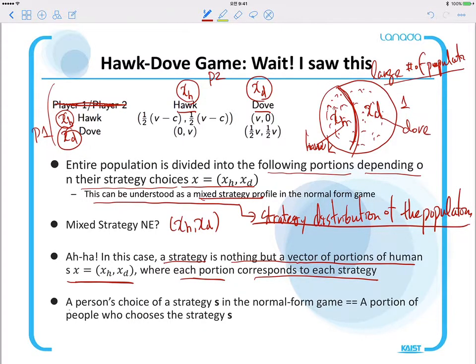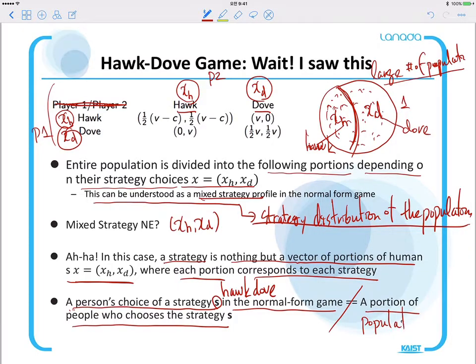Which means that in the normal form game, a person's choice of some strategy, hawk and dove, or their probabilistic combination, which is a mixed strategy profile, is nothing but a portion of people which chooses strategy s in my different interpretation. So this world is called the population game, and this world is just the normal form game.